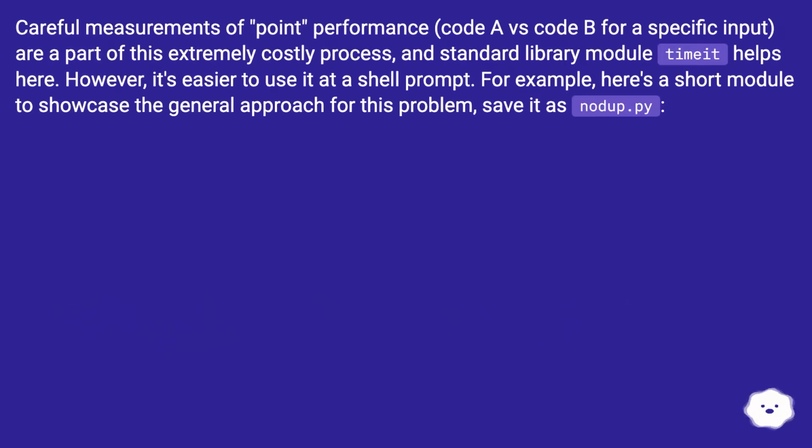Careful measurements of a point to performance, code A versus code B for a specific input, are a part of this extremely costly process, and the standard library module timeit helps here. However, it's easier to use it at a shell prompt. For example, here's a short module to showcase the general approach for this problem. Save it as notup.py.